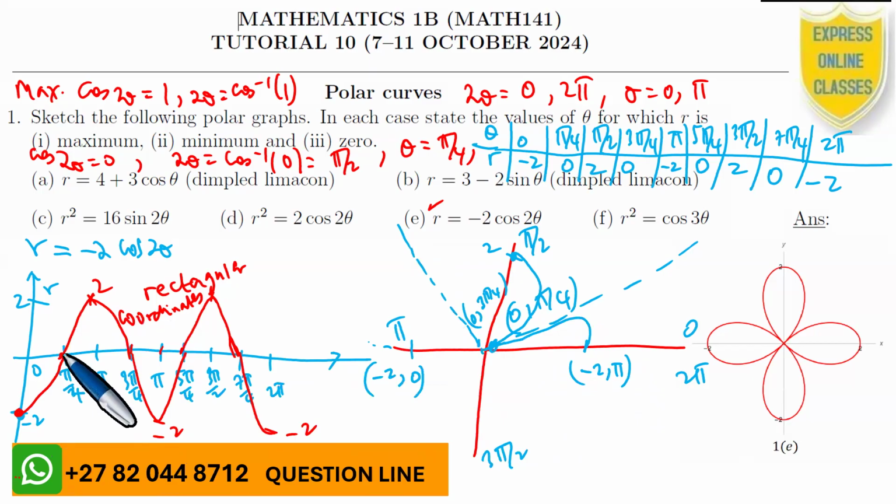When you're at pi over 4, it is 0, and then it starts again to increase in magnitude to pi over 2, and then there's a decrease in the magnitude again.